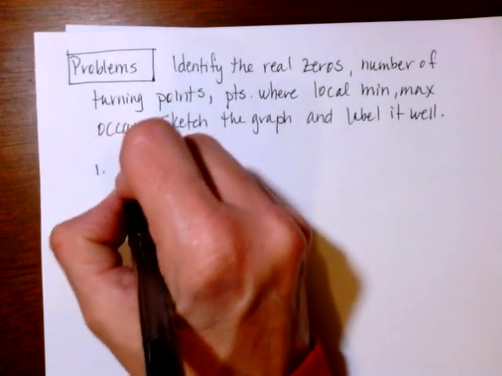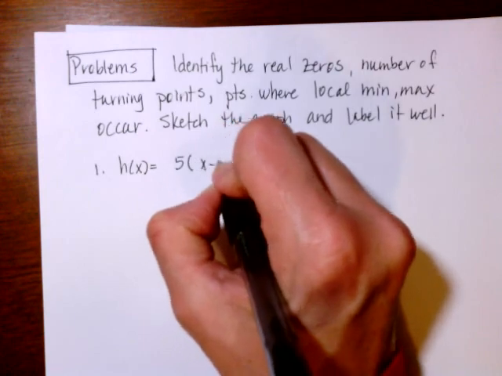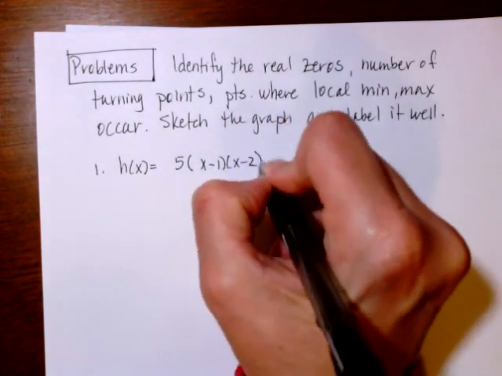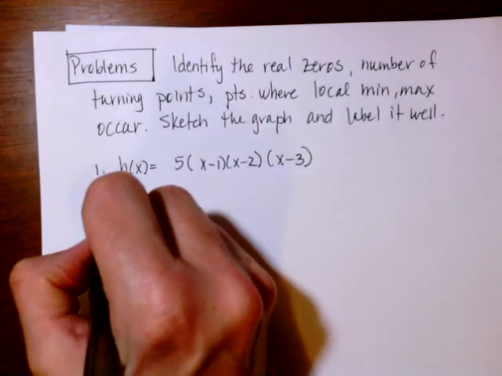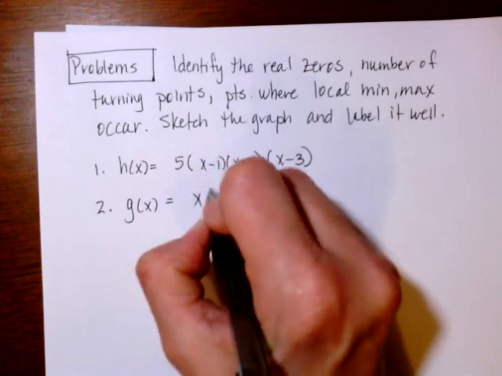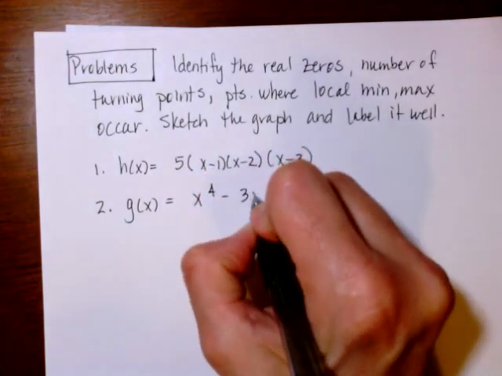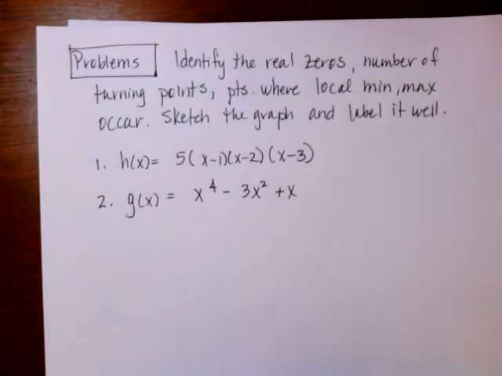Number 1, h of x is equal to 5 times (x minus 1), (x minus 2), and (x minus 3). Your second equation, g of x is equal to x to the 4th minus 3x squared plus x. Okay?